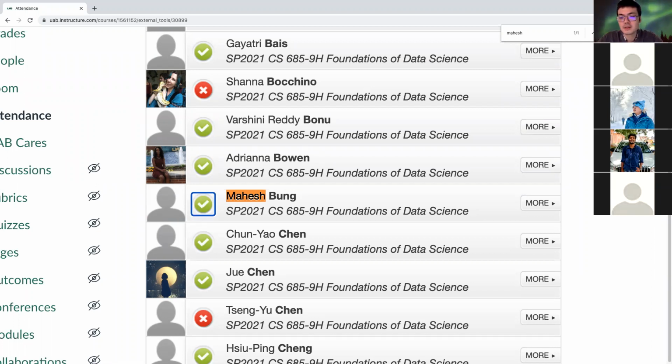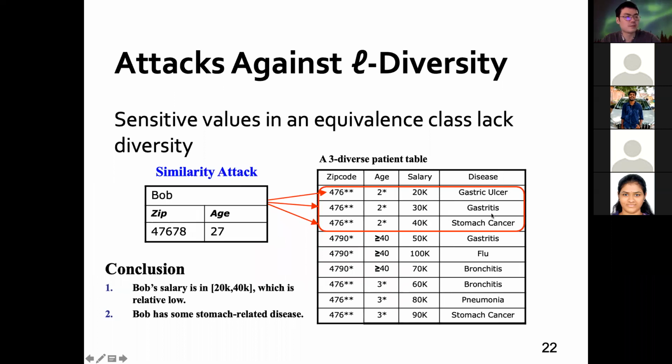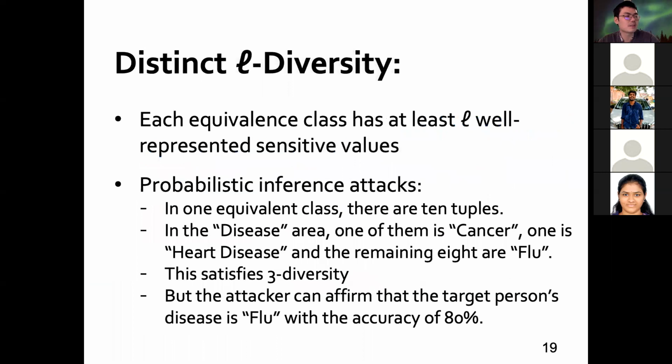Professor, I have a very quick question regarding L diversity. It's defined based on the number of parameters we take, right? L diversity is defined based on the number of different values in a particular column. Basically, the basic definition of L diversity means that in the Q block, you have different values in the sensitive attribute.